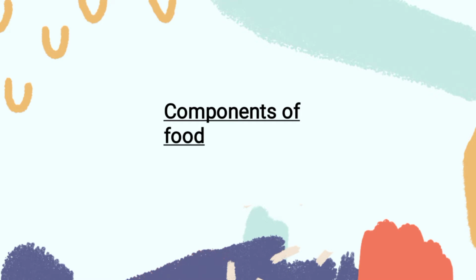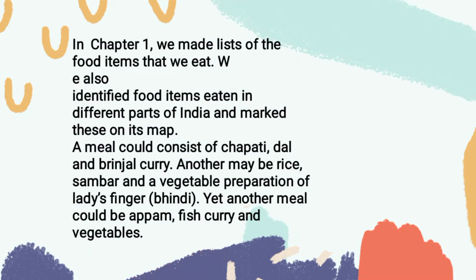So let us begin. In chapter 1, we made a list of the food items that we eat. We also identified food items eaten in different parts of India and marked them on its map. A meal could consist of chapati, dal and brinjal curry. Another may be rice, sambar and a vegetable preparation of lady's finger, bhindi. Yet another meal could be appam, fish curry and vegetables.